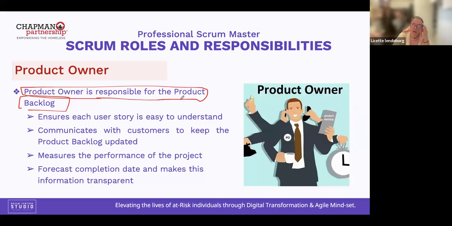That is the most important statement of this section about the product owner. What is the most important responsibility of a product owner? It is that he is responsible for the product backlog. He needs to make sure that each user story is easy to understand. What is a user story? Anyone? I'm listening, Jessica. I'm listening, O'Neill. I'm listening, Cindy, Joseph, Kimberly, Harry.